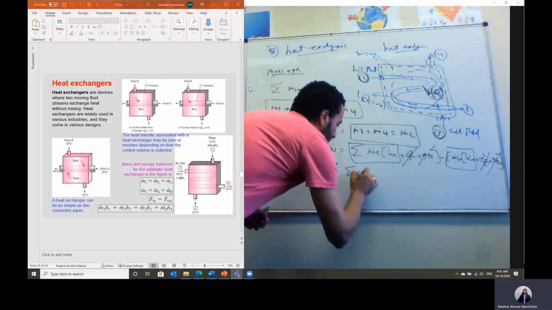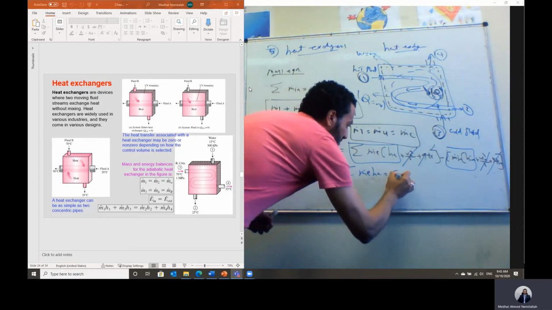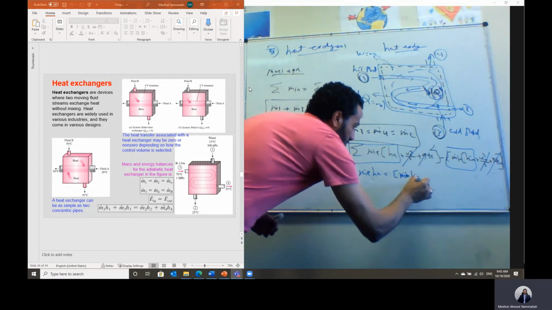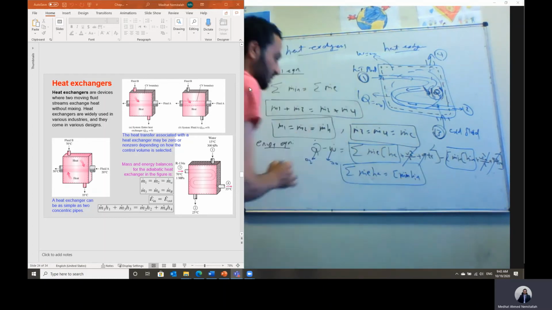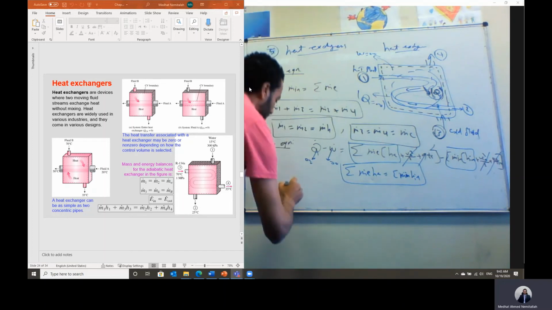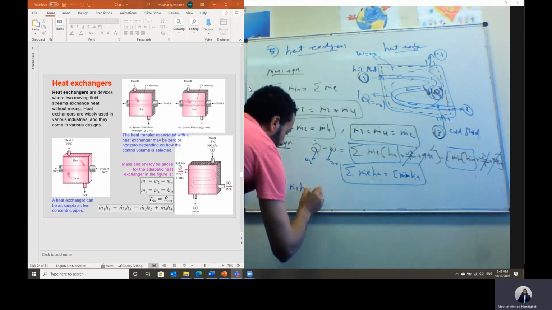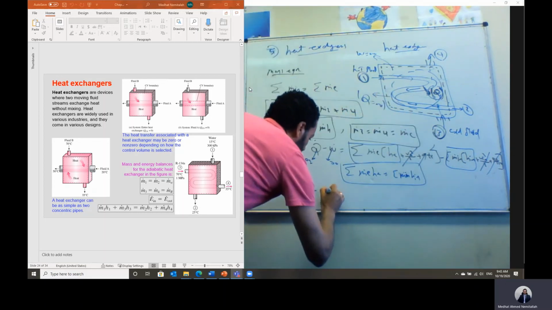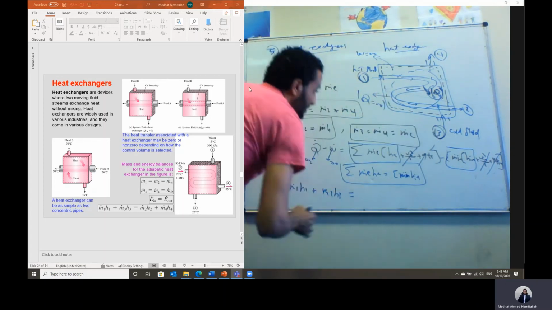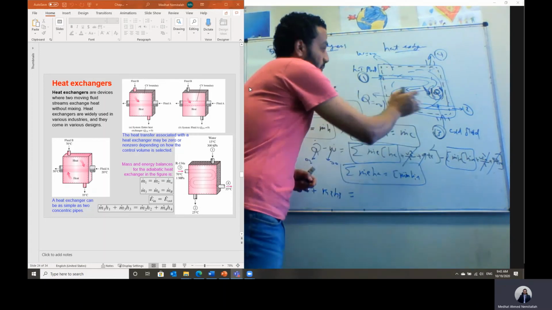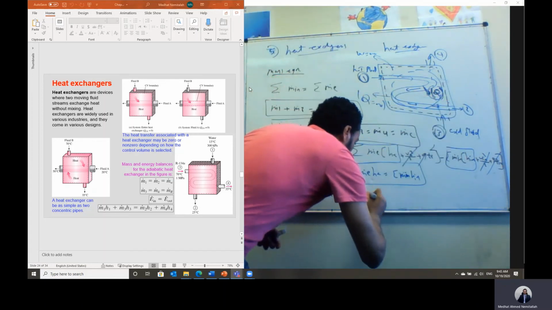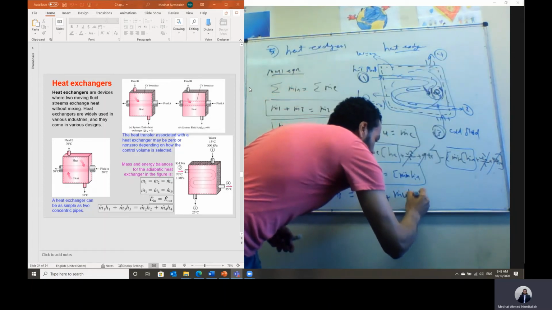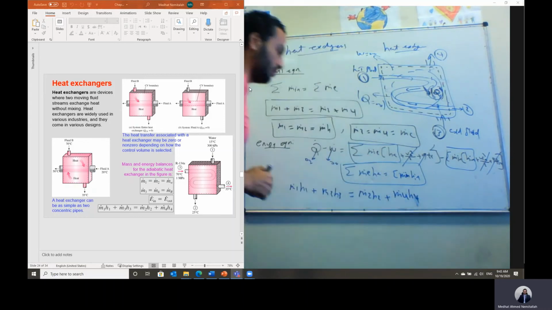So, m dot 1 h1, this is inlet number 1, plus inlet 3 for the cold water, m dot 3 h3, should equal the exit terms: 2 for the hot fluid, m dot 2 h2, plus 4 for the cold fluid, m dot 4 multiplied by h4.